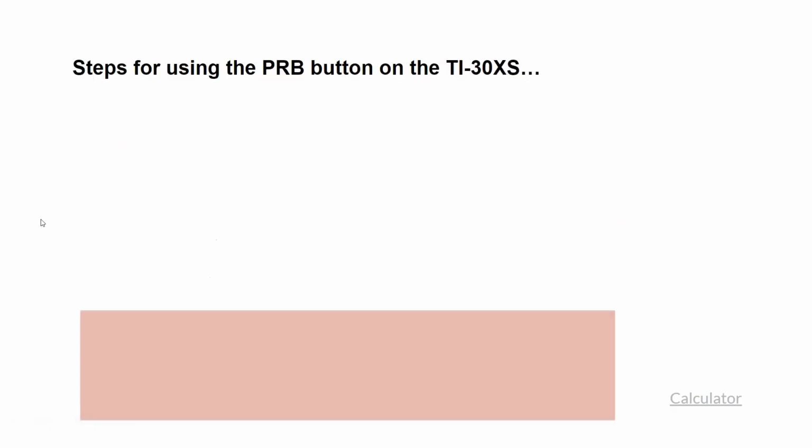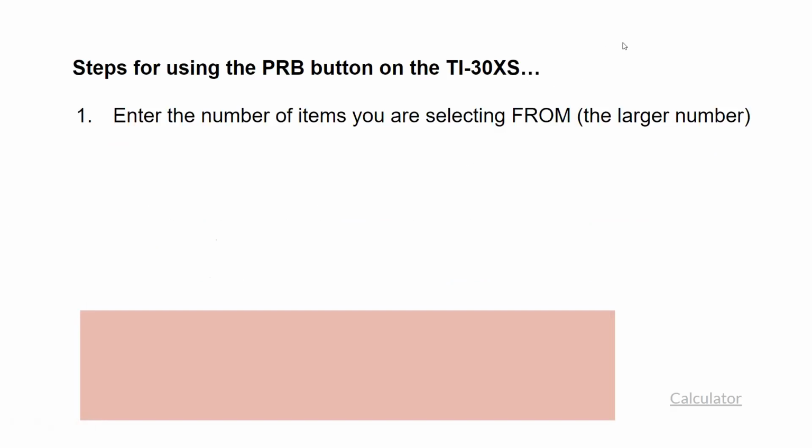So let's talk about using the PRB button on the calculator. When you do this, you are first going to enter the number of items that you are selecting from. This is the larger number. Usually for combination and permutation problems, you will have 2 numbers to work with. You do this even before you click the PRB key.